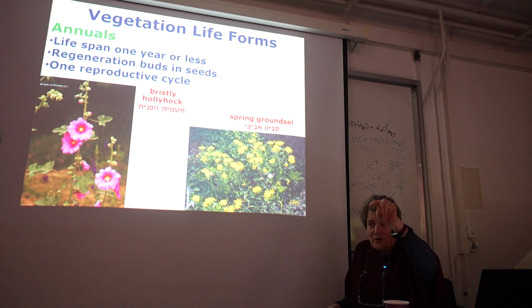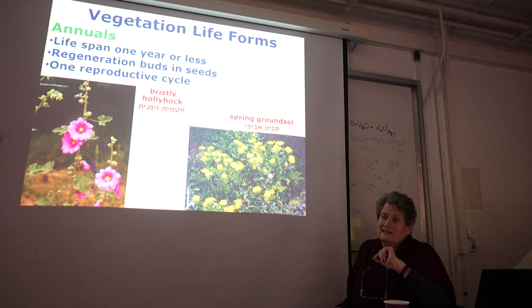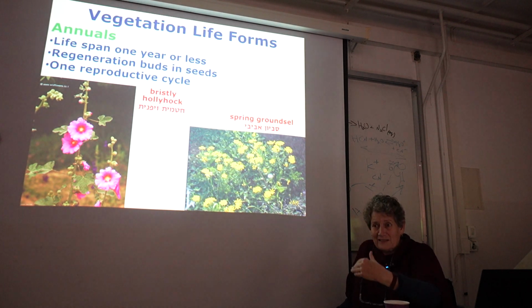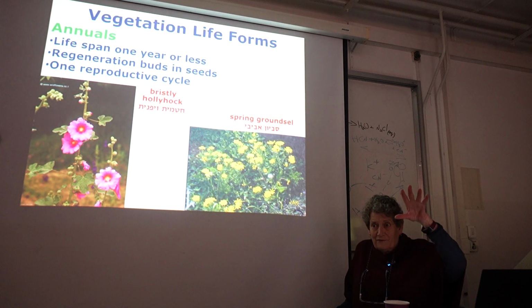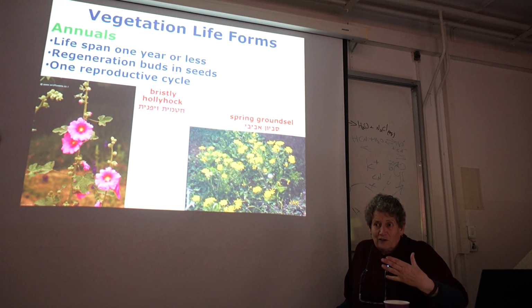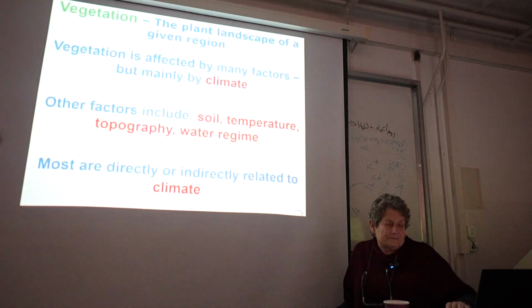Things will flower here later than they flower in the Tel Aviv area. Over there it's warmer, so they'll start flowering earlier. It's very interesting to see this also with the almond trees, because you can see the different times of flowering. Where it's warmer, they flower earlier, and where it's colder, later.